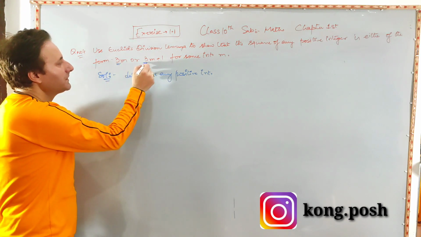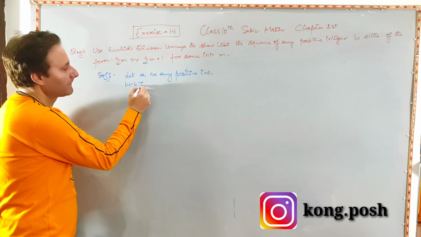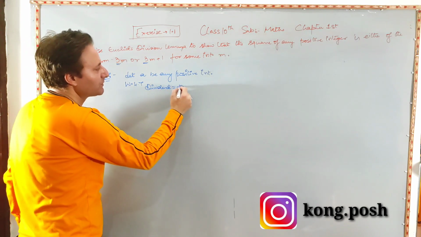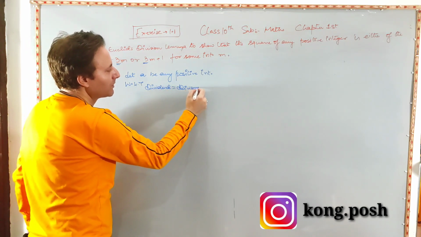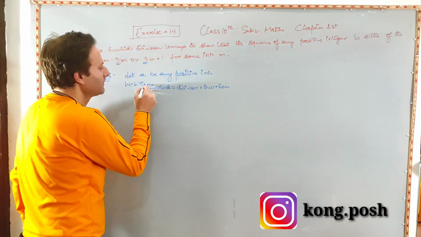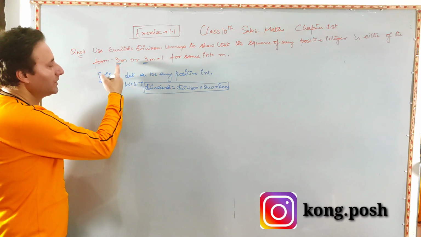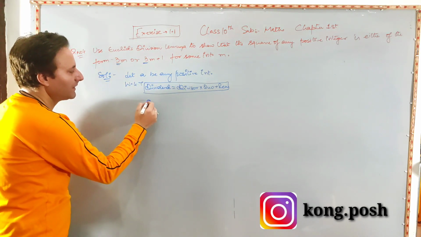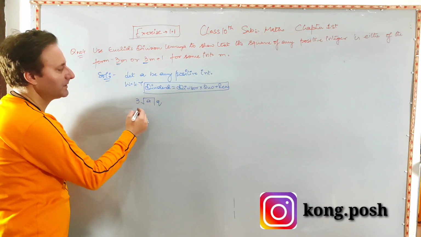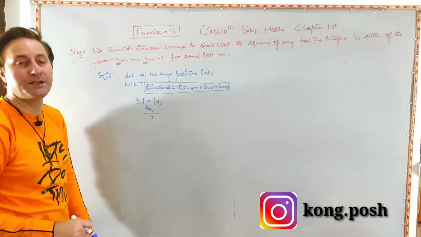Here I have 3 here and here as well, so I know dividend is equal to divisor into quotient plus remainder, right? This is the same formula. Now if I divide a by 3, some quotient will be here, 3 multiplied by q, 3q, and then I will have a remainder as well.